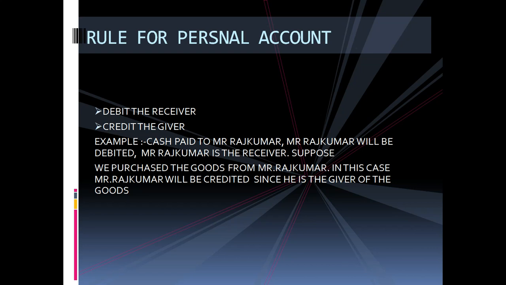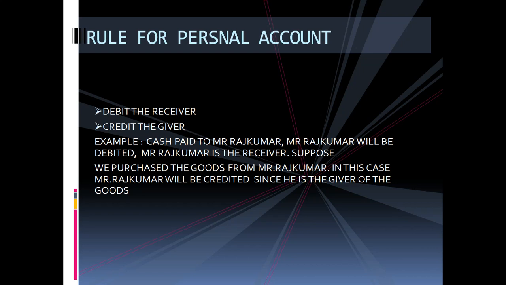Means I am the receiver. I will receive the goods from your company. Means my account is debited. Credit the giver means it is the giver who is giving the goods, your company, to me. That means credit the giver.